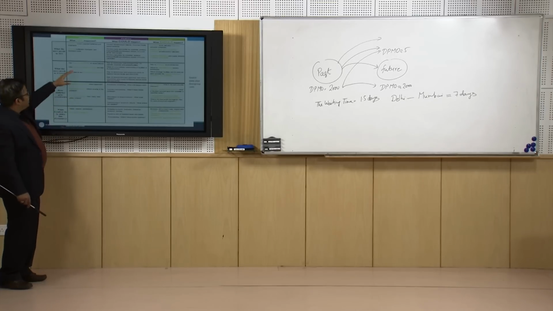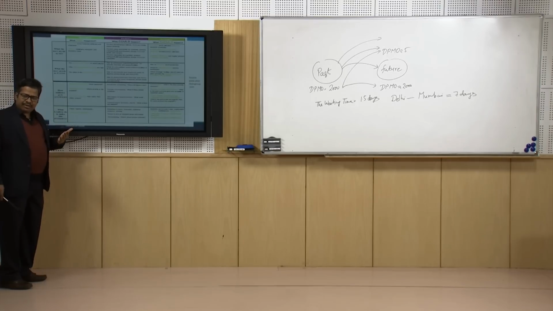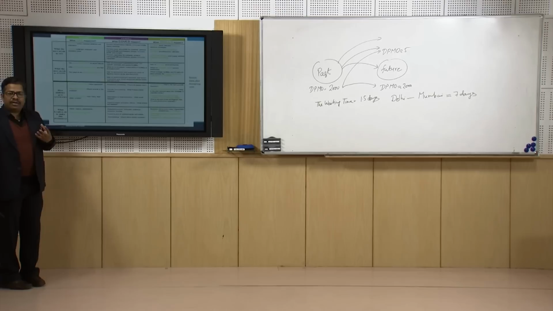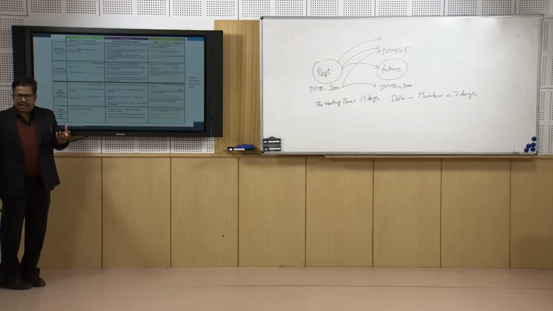Like in this particular case, I have not added one particular factor, that is how many times you have given late supply to your customer. That can also be a very interesting parameter nowadays, because delivery speed is becoming day by day a very important criterion.